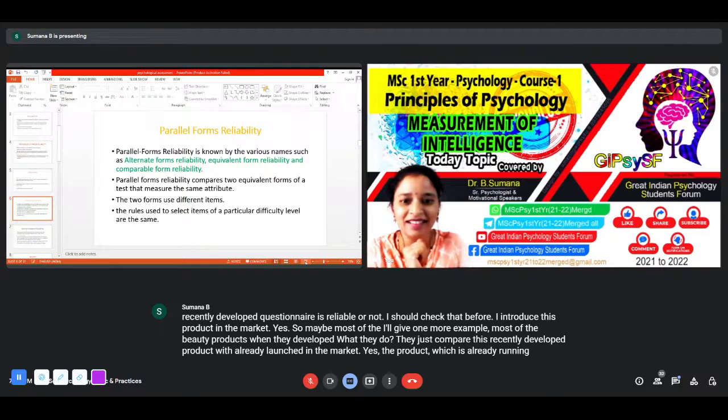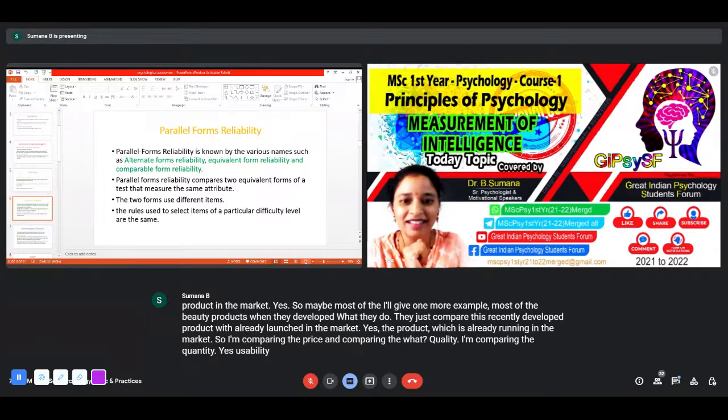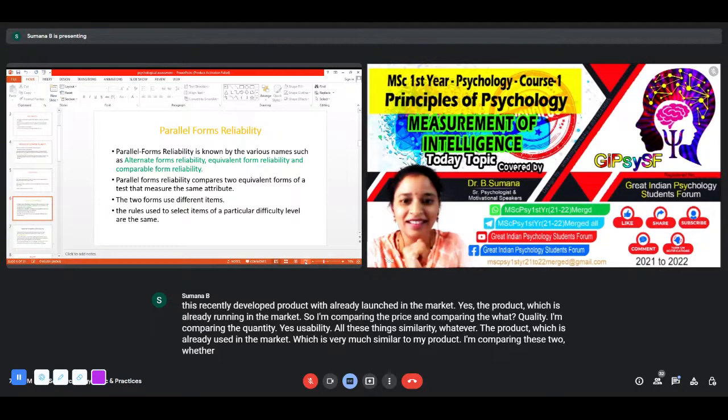So I'm comparing the price, the quality, the quantity, usability, similarity, whatever the product which is already used in the market and is very much similar to my product. I'm comparing these two, whether it's equal or not.